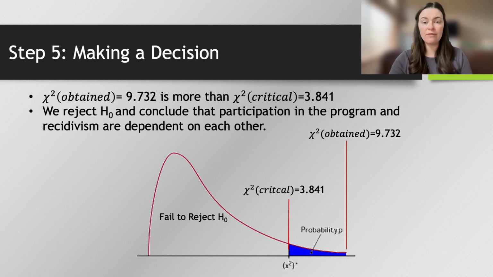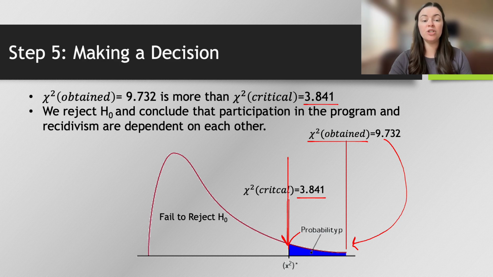So now that we have our chi-square obtained value, we can now compare it to our critical cutoff. Our critical cutoff for an alpha level of 0.05 and a degrees of freedom of 1 was 3.841. That's something we established in step 3 through Appendix D. So mapping this out visually here at the bottom, here is our critical cutoff region, and our chi-square obtained falls into this region. It is beyond or greater than our critical cutoff value of 3.841.